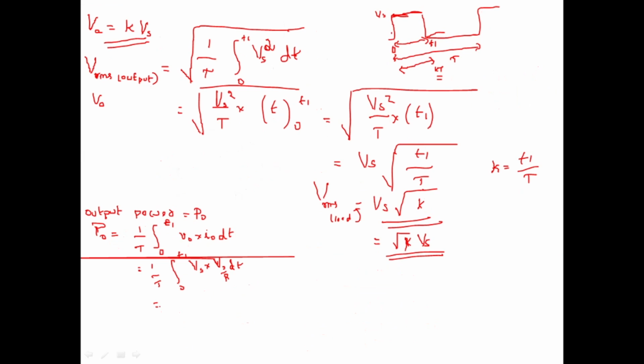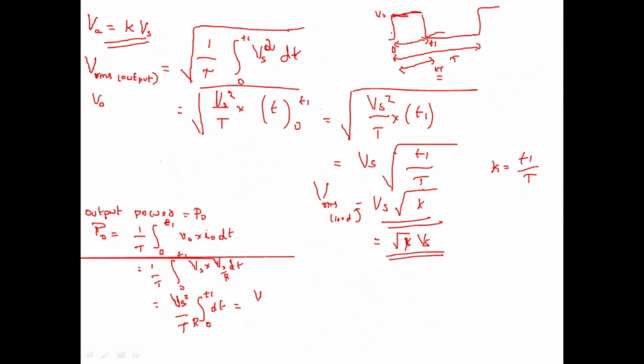This is nothing but Vs and Vs multiplied with each other, Vs squared divided by T, then 0 to T1. So the R also you can keep outside, dt.